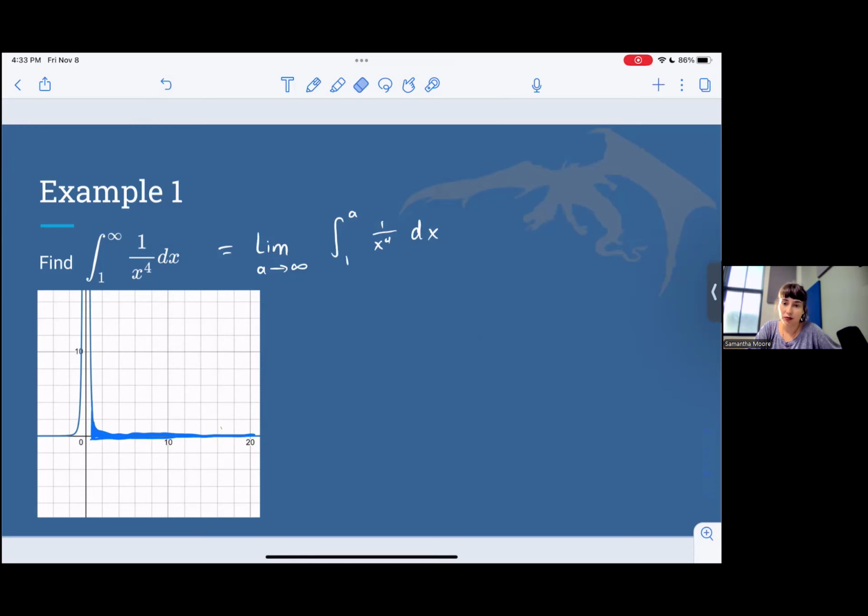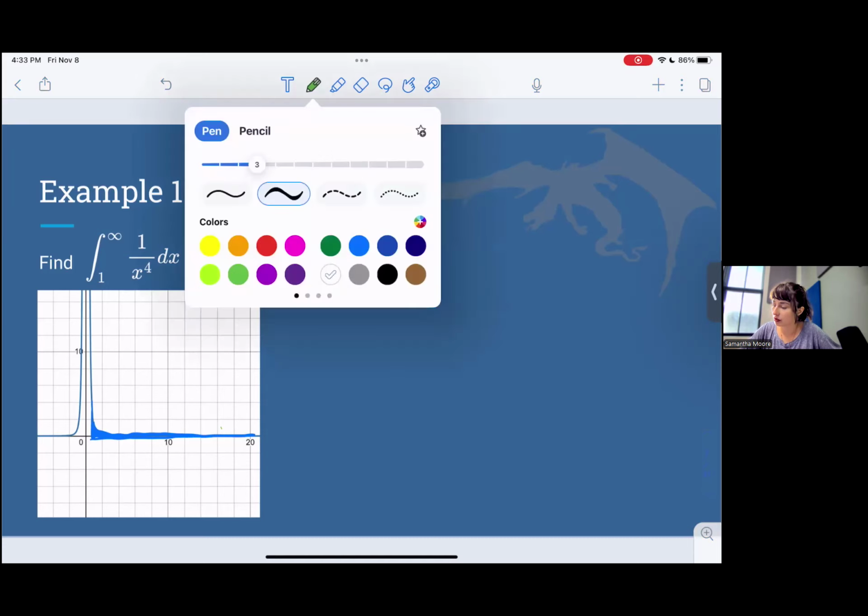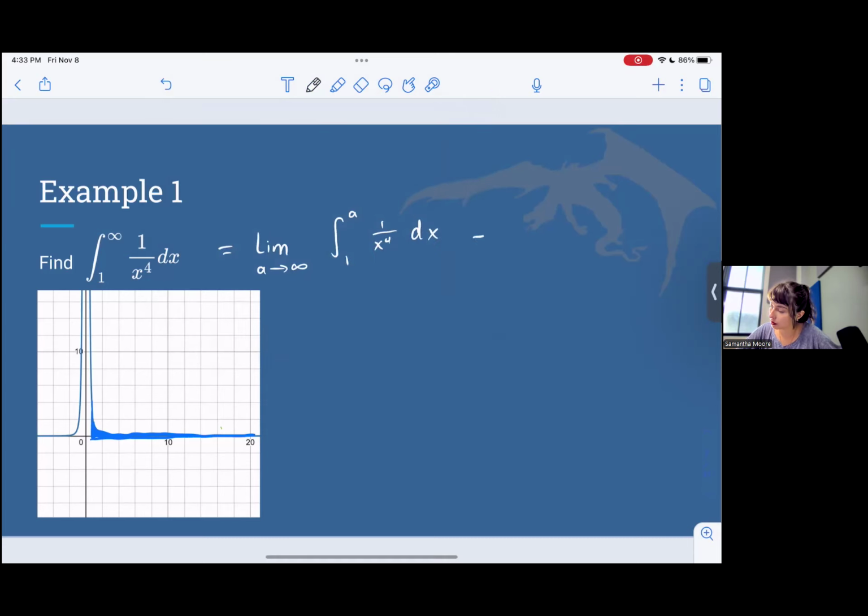Okay. Now for a second, we're going to forget about the limit, but make sure you keep it in your notation. For a minute, all we need to do is figure out that integral. I'm going to write it a little bit nicer so that I can think about how to antiderive it. I probably got to x to the minus 4 via a power rule. So if I write it as a power, I'm going to be able to anti-derive it better.